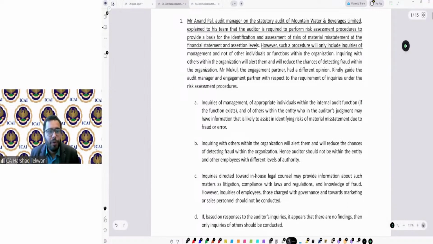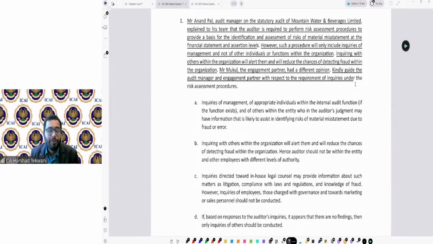However, such a procedure will only include inquiries of management and not of other individuals or functions within the organization. Inquiries with others within the organization will alert them and will reduce the chance of detecting fraud. Mr. Mukul, engagement partner, had a different opinion. Kindly guide the audit manager and the engagement partner with respect to the requirements and the risk assessment procedures.